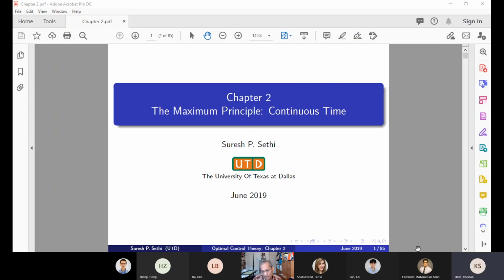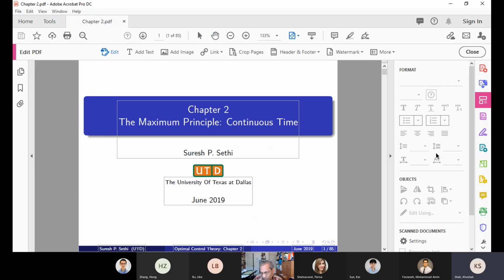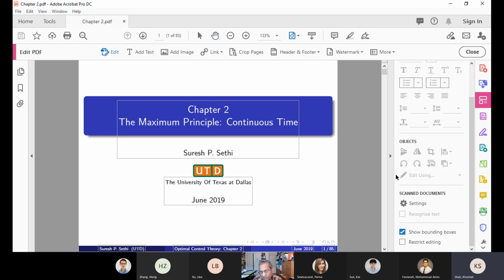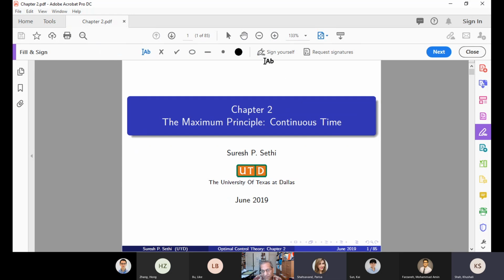Can you see this slide? I see it. Okay. This is the one that you could use to... it's not letting, right? There is a pen that you could use to draw. No, this is not the one.